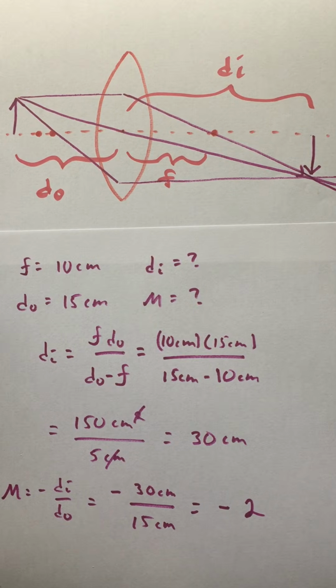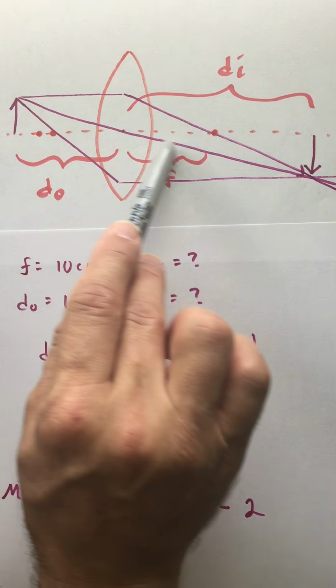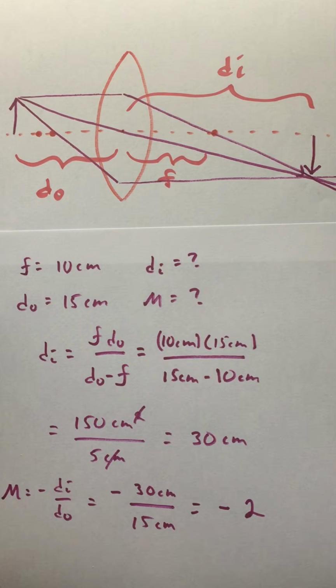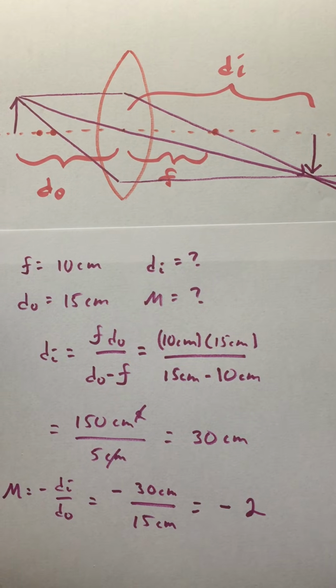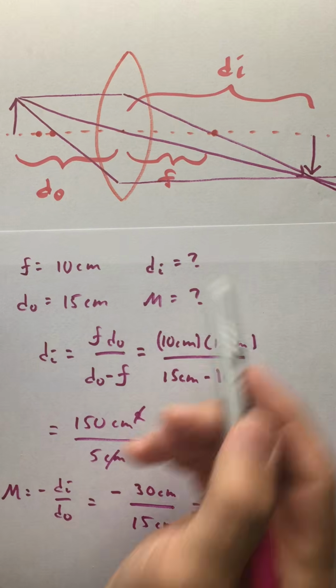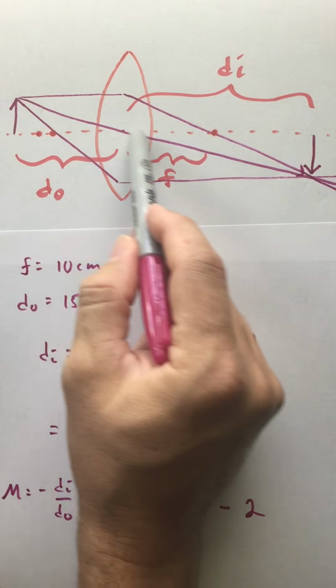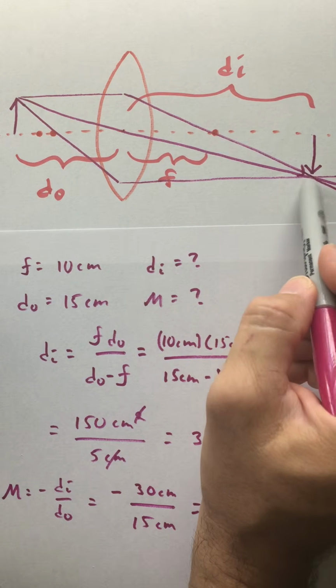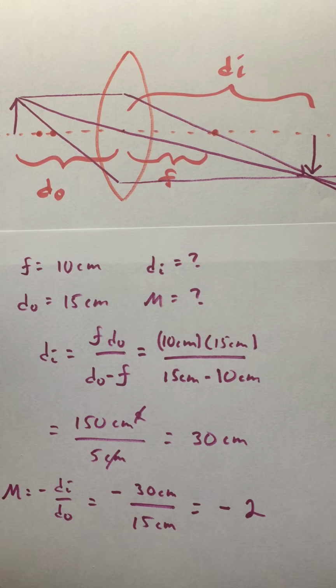Now, one more thing we have to talk about. Let's ask ourselves, is there actually light propagating over here where the image is formed? And that might seem strange to you until you've seen a case where that's not the case. But the answer is yes. These light rays are actually here. They actually pass through the lens and they actually propagate down here and they actually meet together and they form an image.